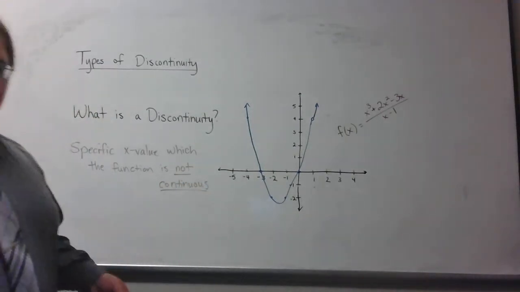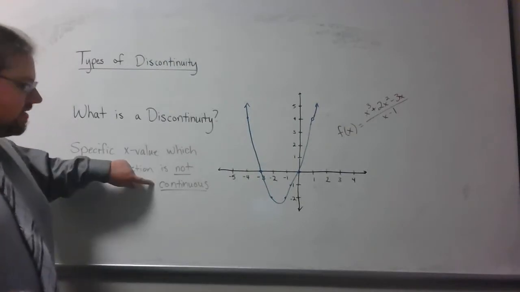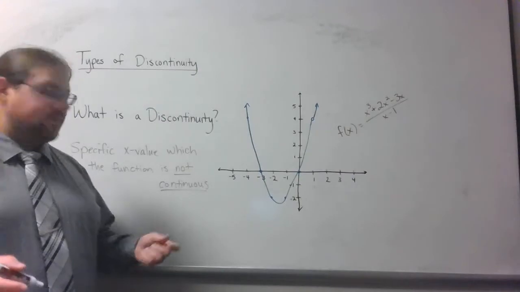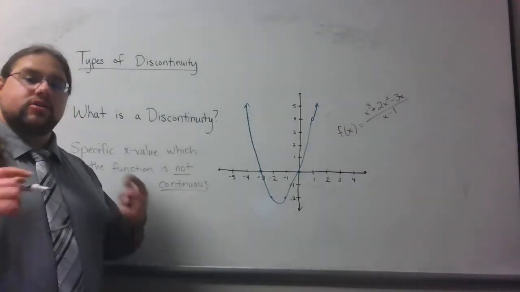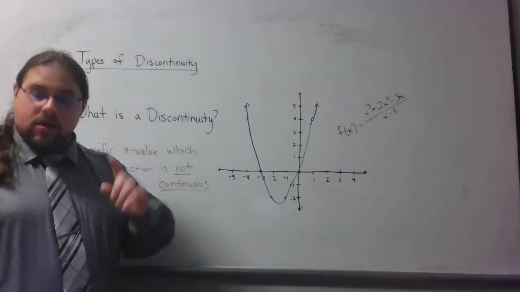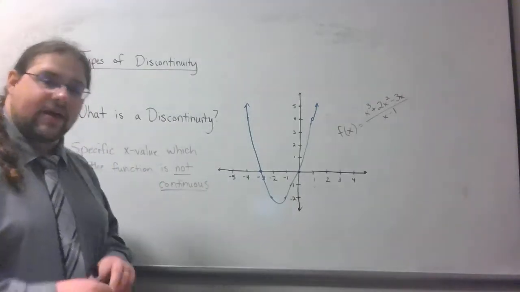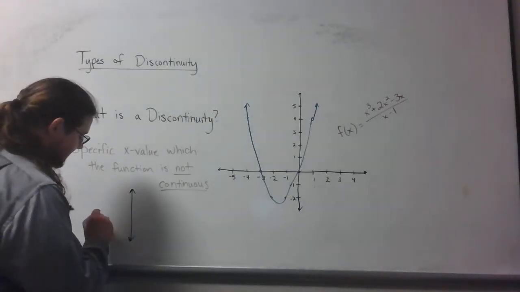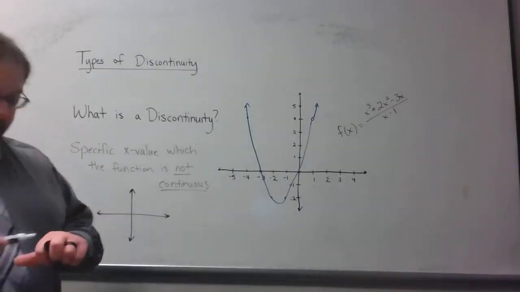Discontinuous or discontinuity is the opposite of continuous. Now, in the last lesson, we were talking about the limit definition of what continuous was. So now, when I do types of discontinuity, I want to talk about the limits there as well. One of the things that I want to handle real briefly, though, is a specific case where something is not going to be referred to as a discontinuity for a reason.